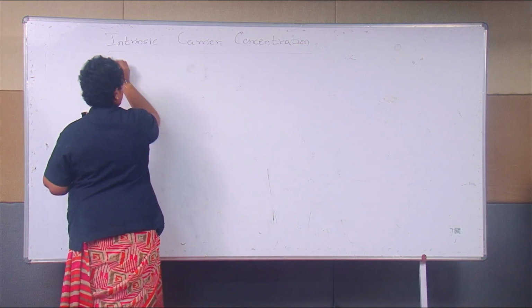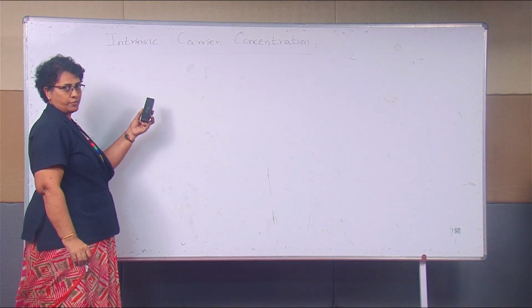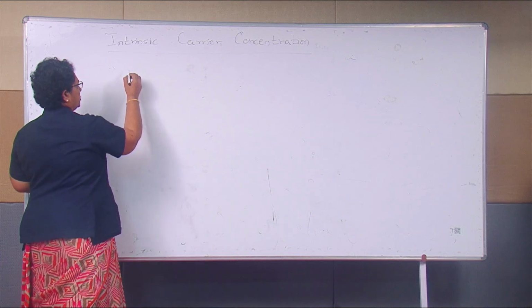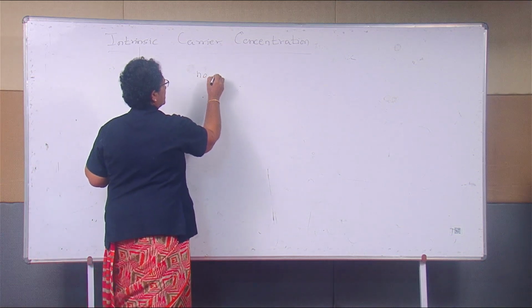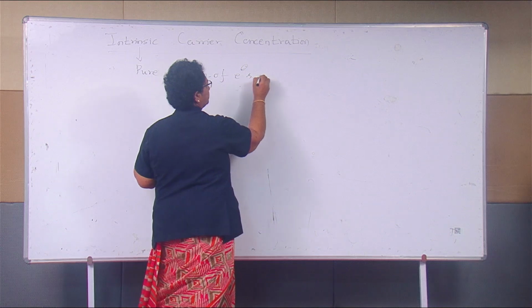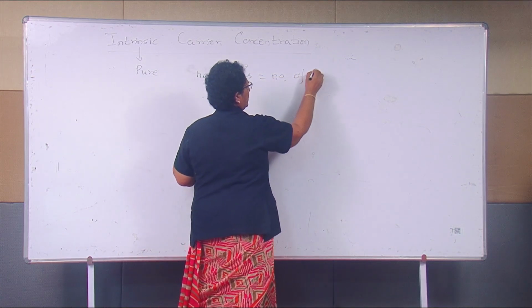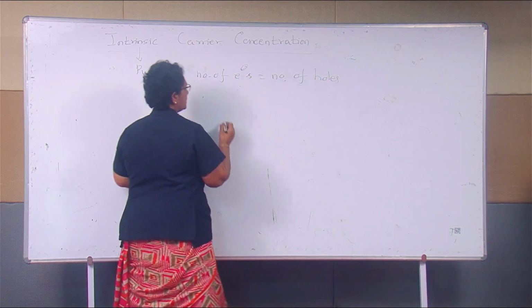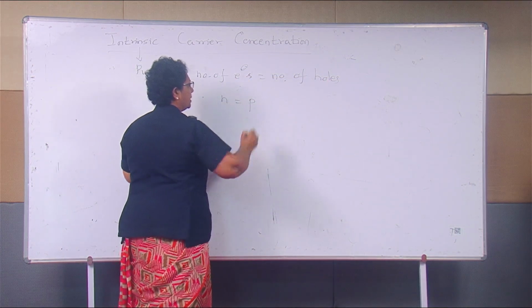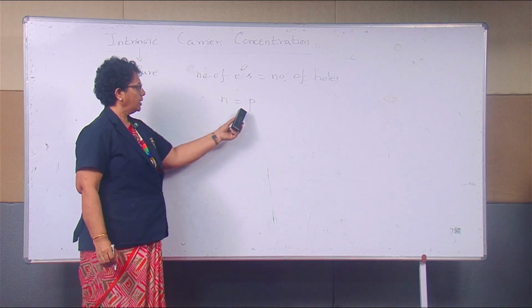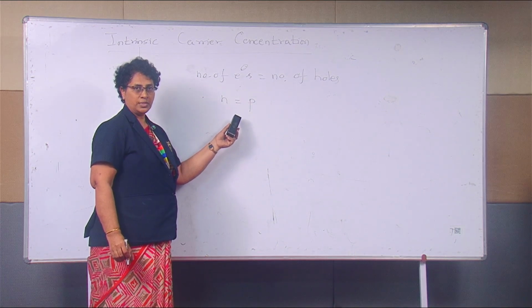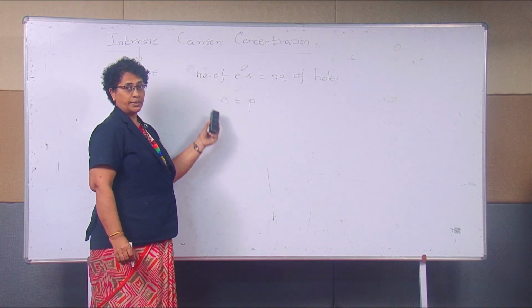Now putting them together, you will be able to find the entire expression for the carrier concentration. In an intrinsic, pure semiconductor, we know that the number of electrons is equal to the number of holes, that is, N is equal to P. This was the expression derived for the electrons in the conduction band, and this was the expression derived for the holes in the valence band. So in a pure semiconductor, both are equal.